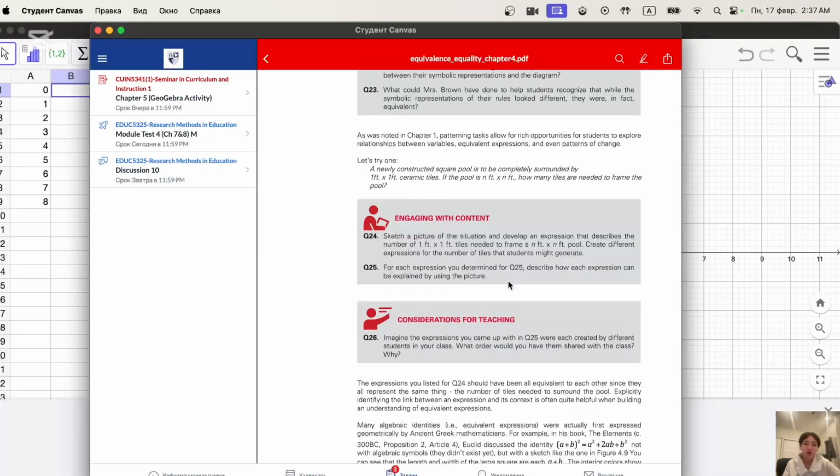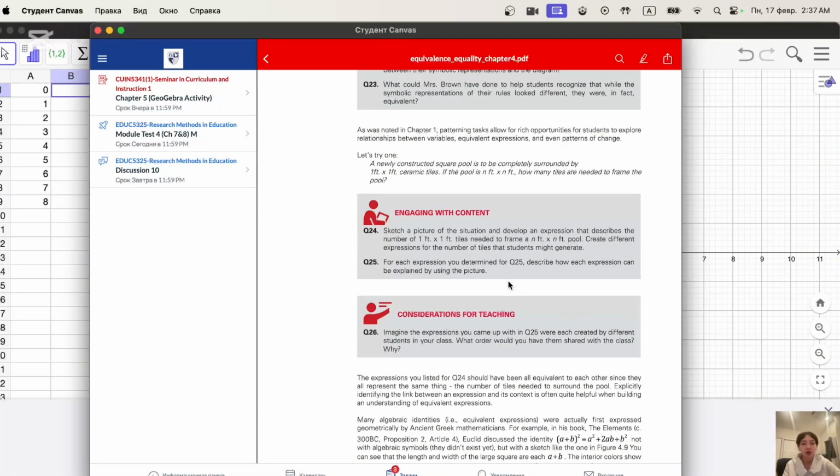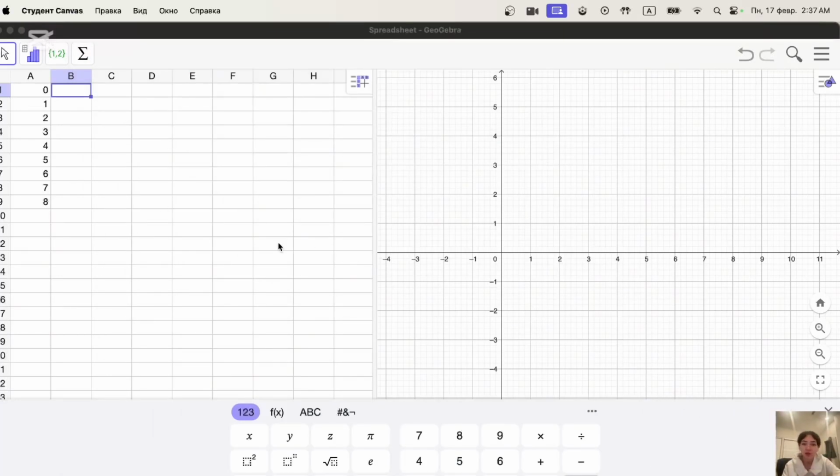And question 24. Using GeoGebra, finding the number of tiles around the pool. In this step-by-step guide, we will use GeoGebra to visually represent the problem and develop an algebraic expression for the number of tiles around the pool. So, we need graphic view.